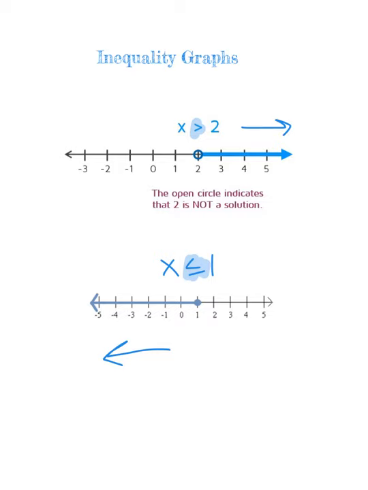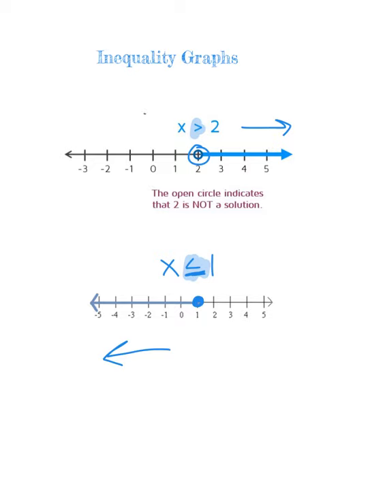One more thing. You may have noticed this circle is open, this circle is closed. When an inequality is "or equal to," it's closed because it could be equal to that number. It could include that number. If an inequality is not equal to the number, the graph is going to be open because it does not include that number.